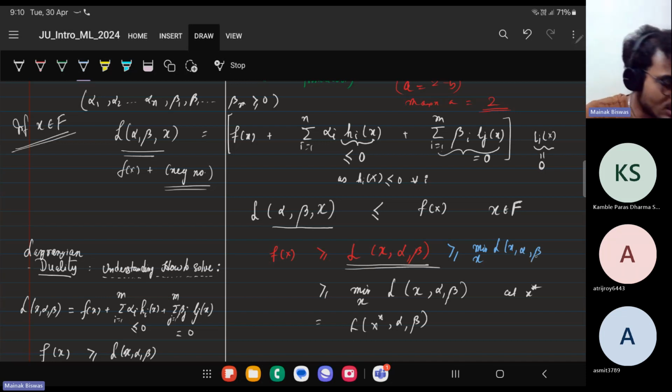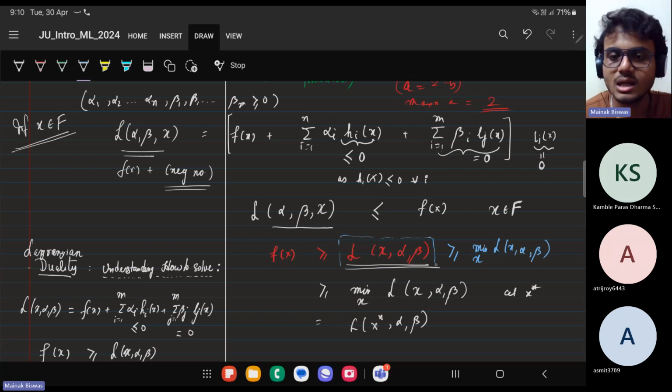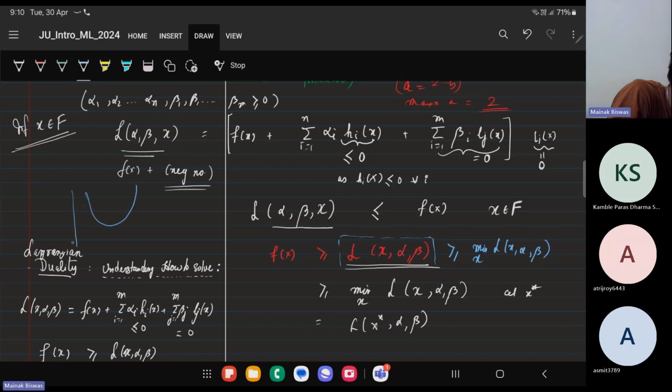So this is a function of 3 variables, but I'm removing one variable by taking the minimum value. So at all other values, it will be much more than that, right? So I'll give you an example. Say f of x is equal to x square, right? So do you agree f of x is greater than 0?